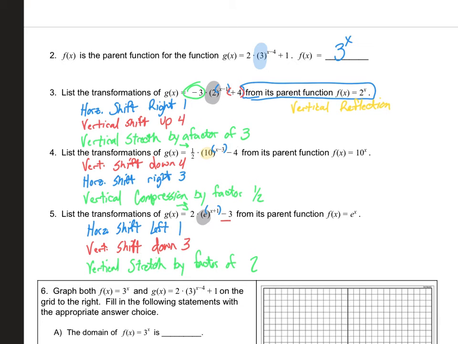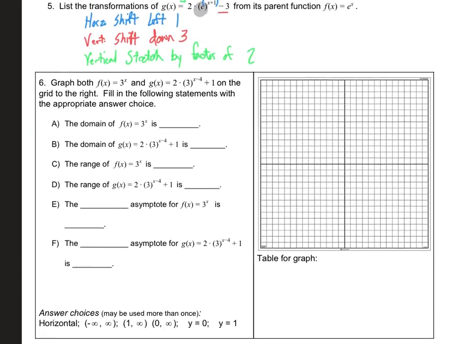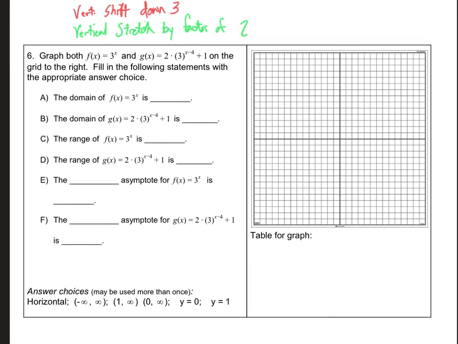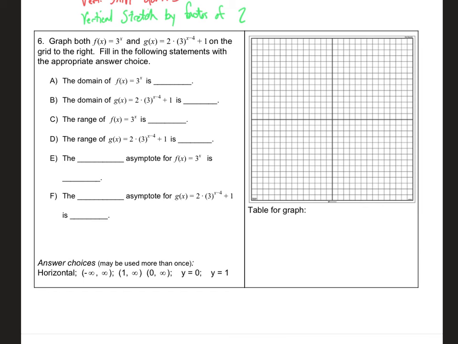The next thing we're going to look at is visually seeing the transformations, graphing them, and identifying the domain and the range.